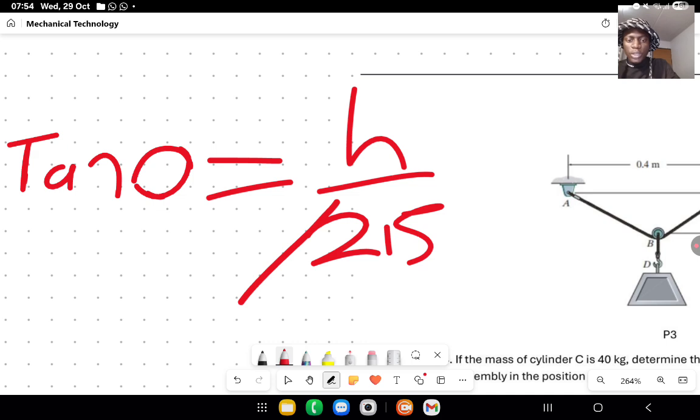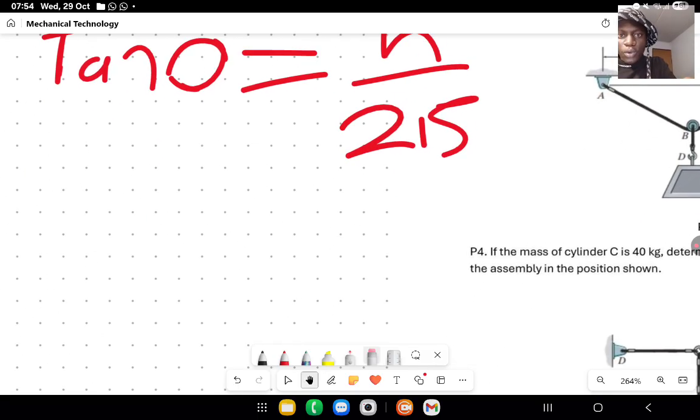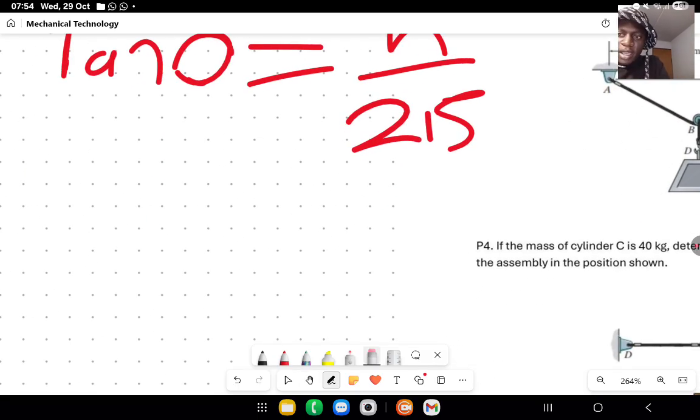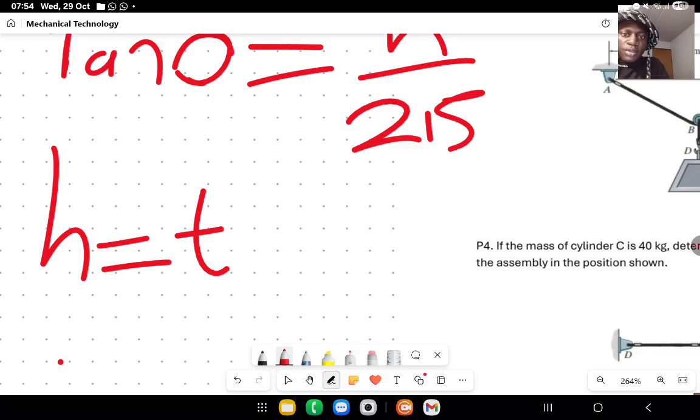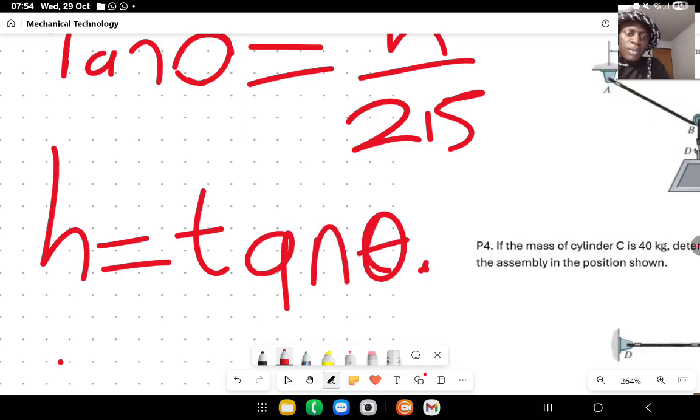Because we need h, we cross multiply. h will be equal to tan of the angle multiplied by 2.5.